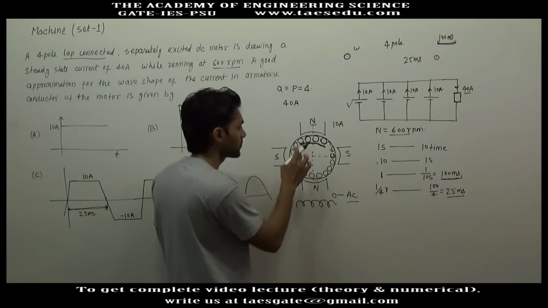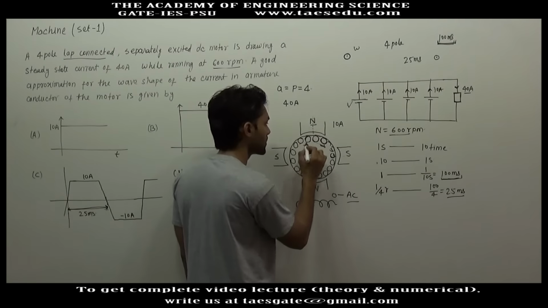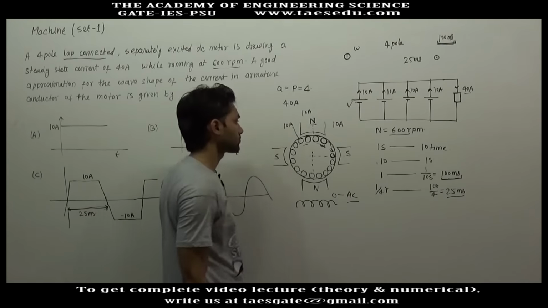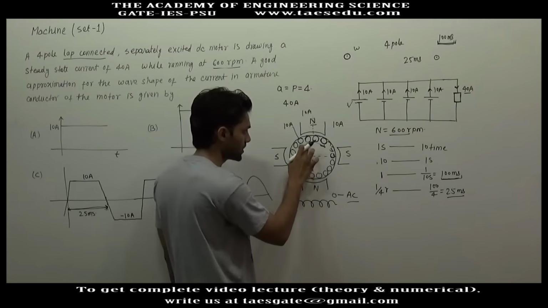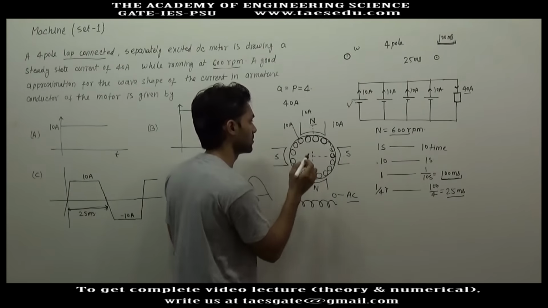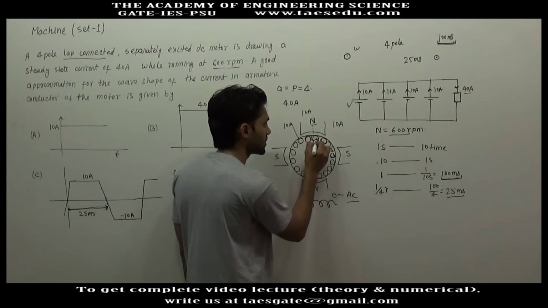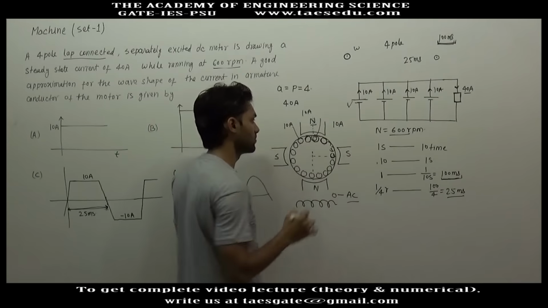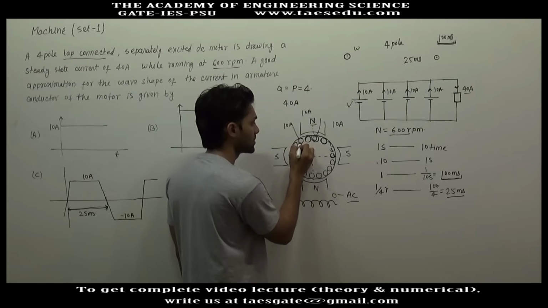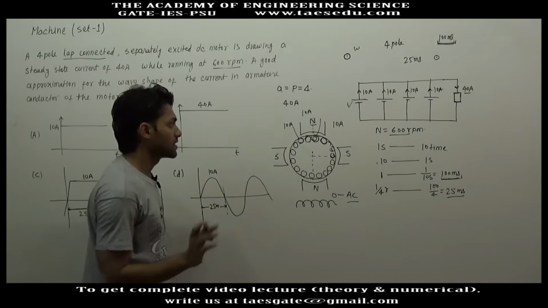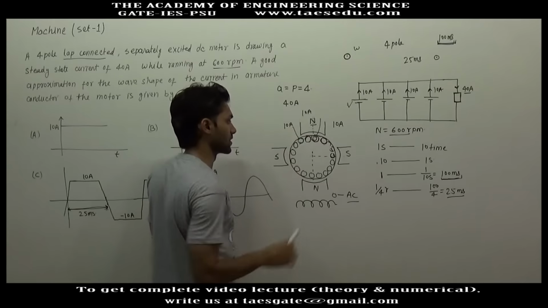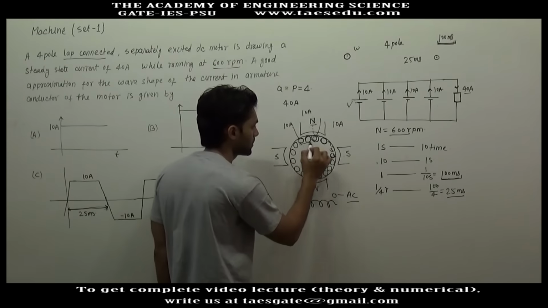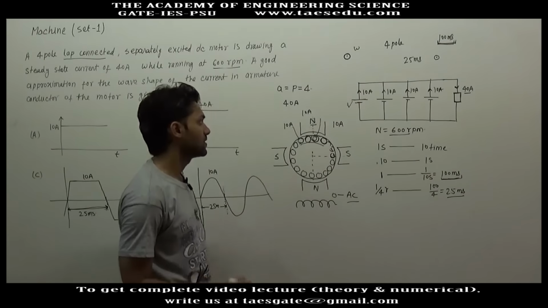The voltage generated in each conductor will be different, because let's say this conductor is completely influenced by the north pole, so the voltage generated in this conductor will be maximum, and the voltage generated in this conductor will be somewhat less than in this conductor, but the current in each conductor will be the same because these are connected in series.